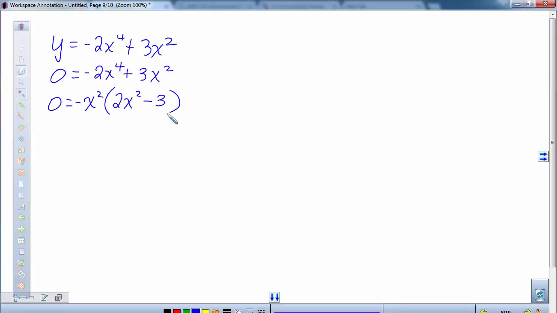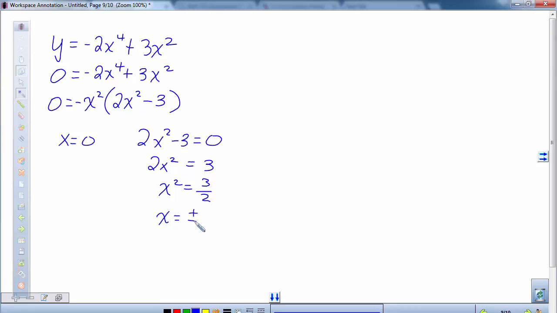So if I set each of these equal to 0, I get x equals 0 from here. And then 2x squared minus 3 equals 0. 2x squared equals 3. X squared equals 3 halves, or x equals plus or minus the square root of 3 halves.